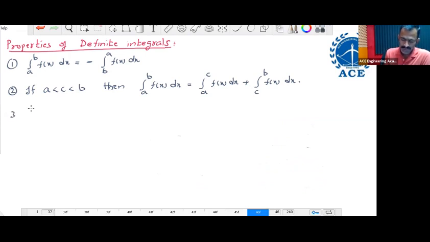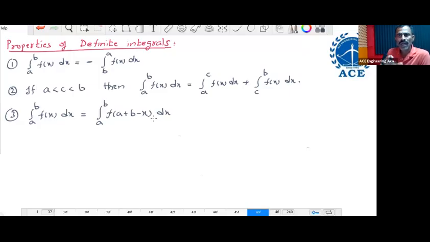Next, property number 3: integral a to b f of x dx equals integral a to b f of a plus b minus x dx. By looking at a definite integral problem, if you are unable to identify the method, then in such a case we try to apply this property number 3.